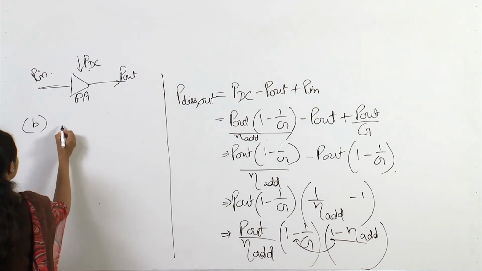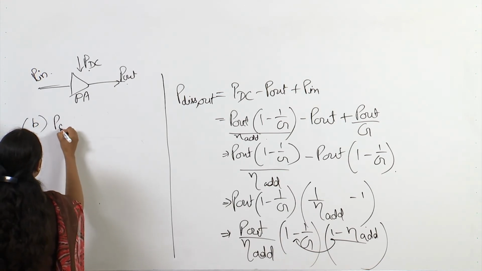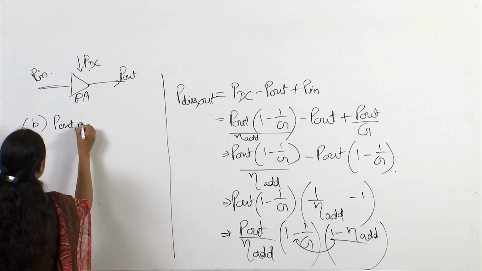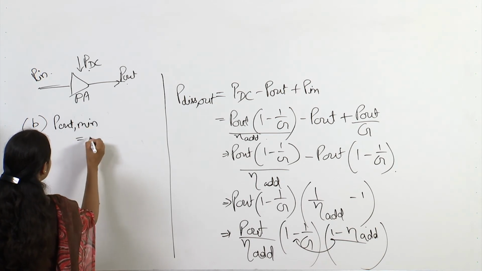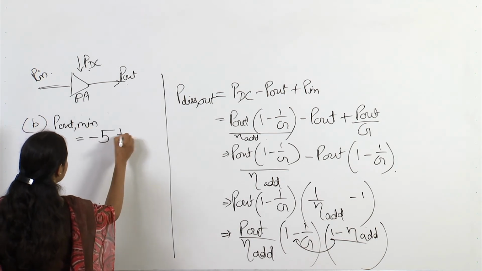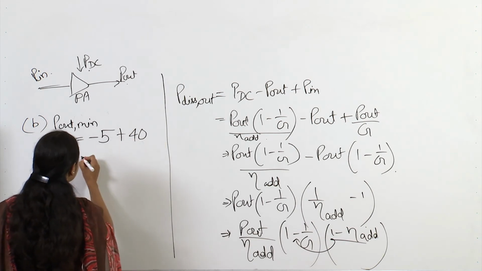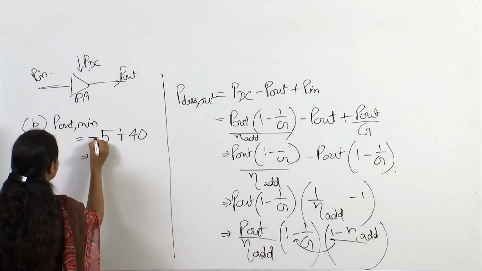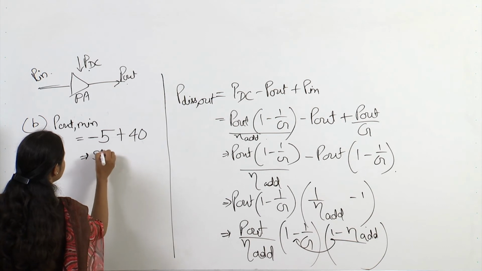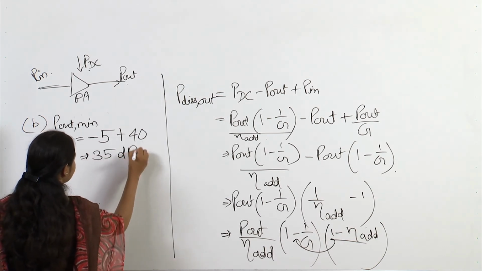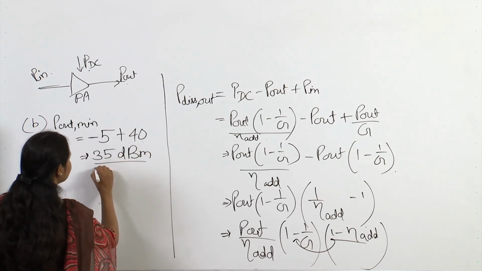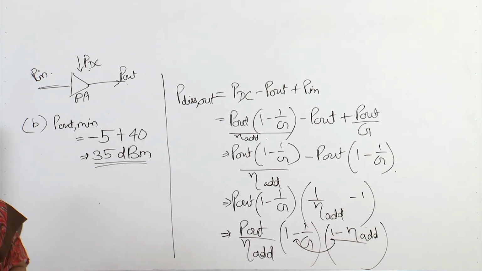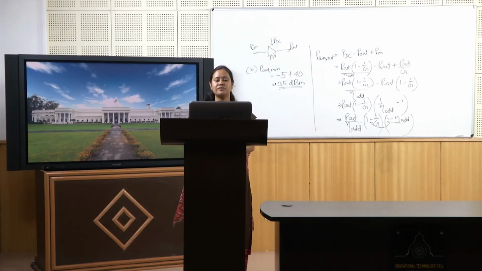So the minimum output power we can get is minus 5 dBm plus 40 dB. So it becomes 35 dBm. This is the minimum power we can get if we apply minus 5 dBm input average power.